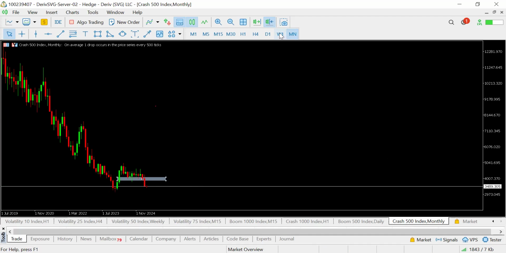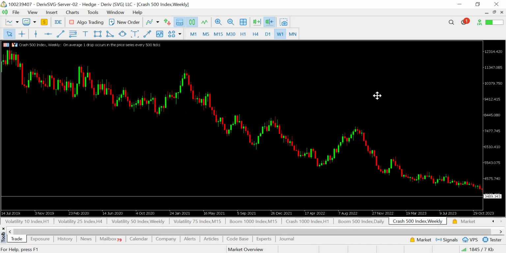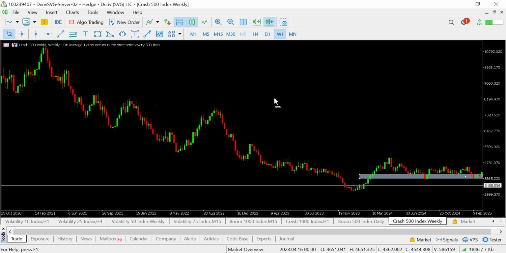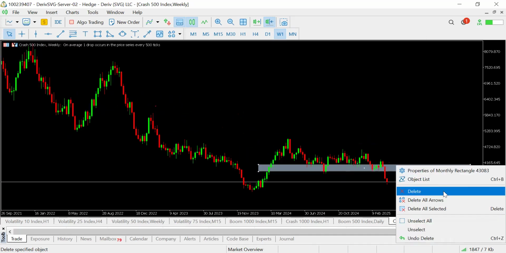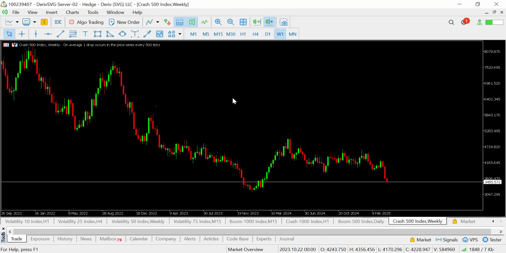So let's see if we can get a structure to work with in the weekly time frame. Let me take this out. From the weekly time frame, you can see that the range has become a bit more prominent.